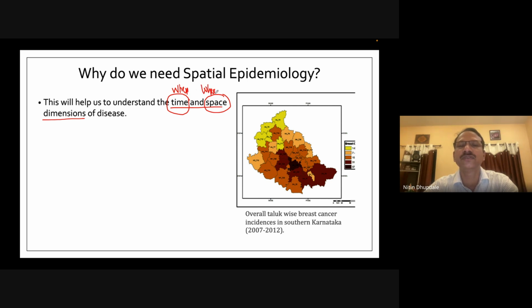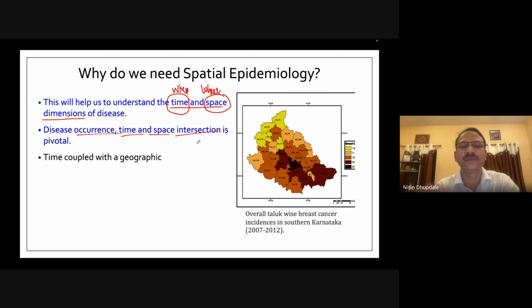So these are the two questions which we can answer with the help of spatial epidemiology. Disease occurrence, the time and space, they intersect, and that is what we want to pick up by using spatial epidemiology.